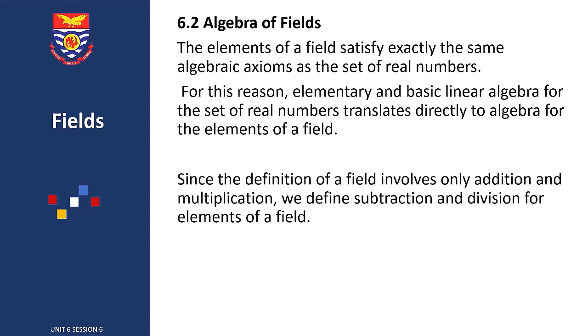Since the definition of a field involves only addition and multiplication, we define subtraction and division for elements of a field. So here we are going to look at subtraction and division.